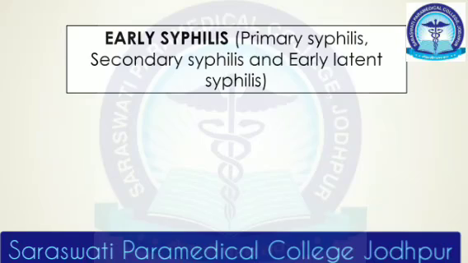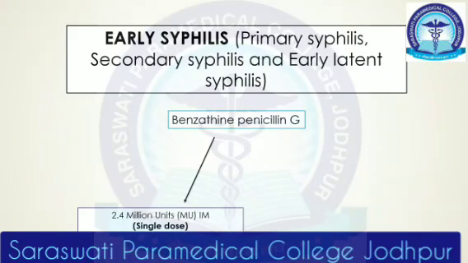It is called benzathine penicillin G. A single dose of 2.4 million units of benzathine penicillin G is given through the intramuscular route, and this is the treatment for the vast majority of people.